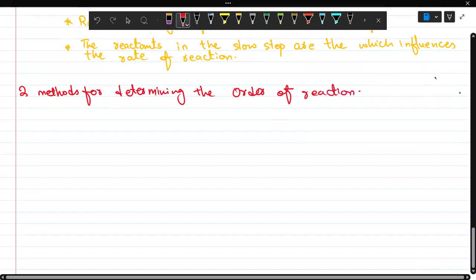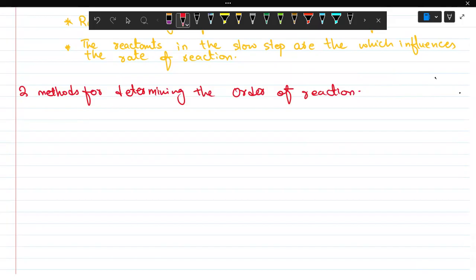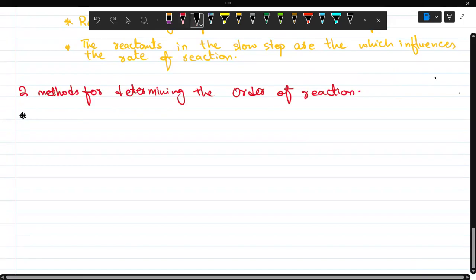The first one is the graph method, also called the concentration time graph. Have you ever seen a concentration time graph? The second is the half-life of reaction.